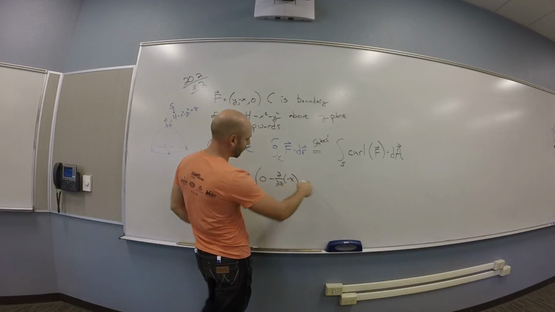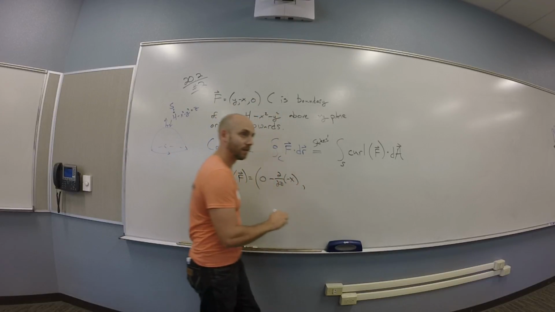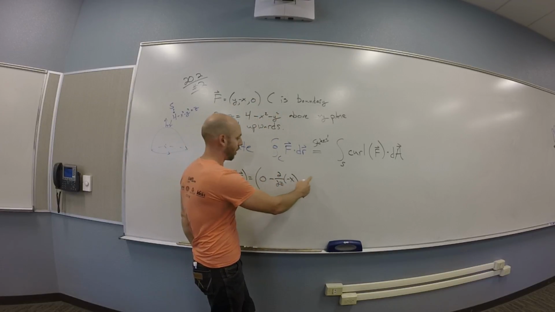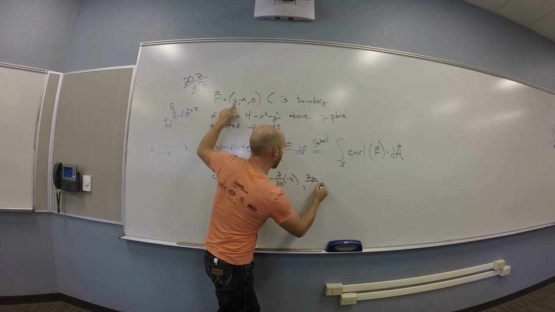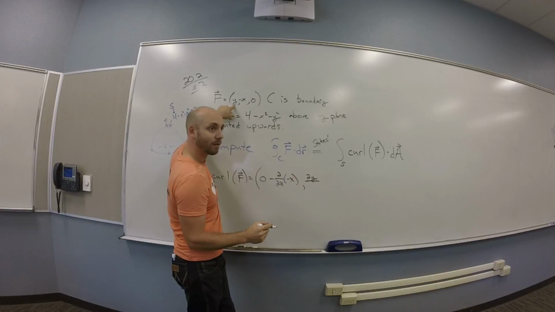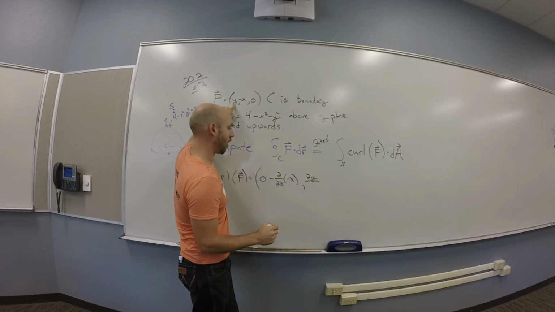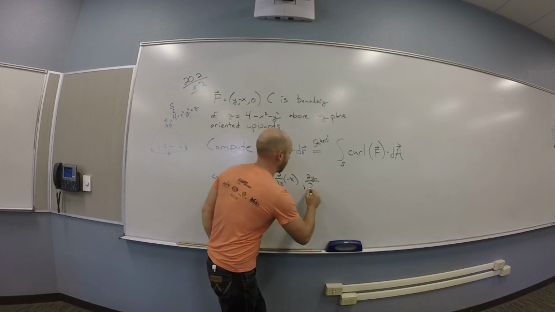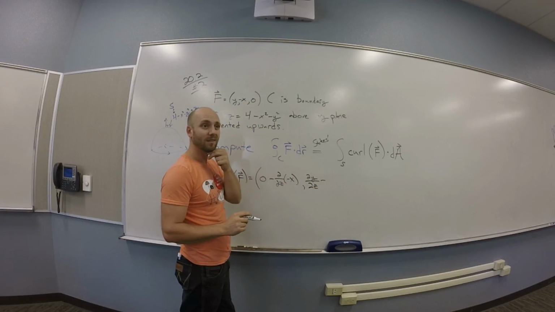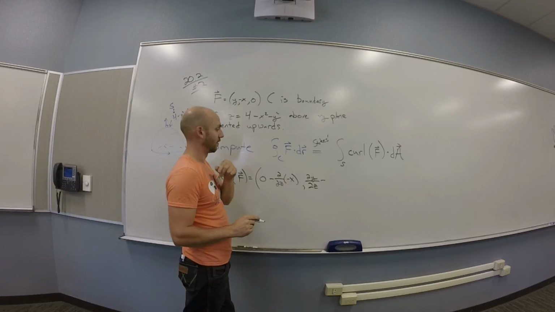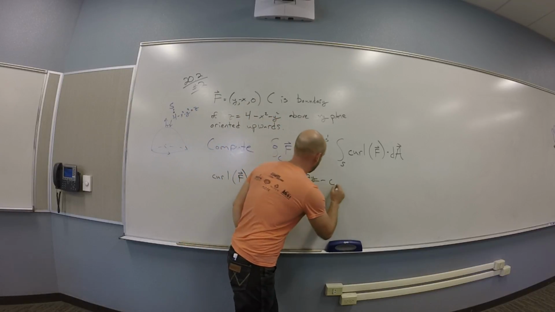And then this one is going to be the partial of y with respect to z, specifically not y. That's going to be z. And then this one is 0 over the partial of something.